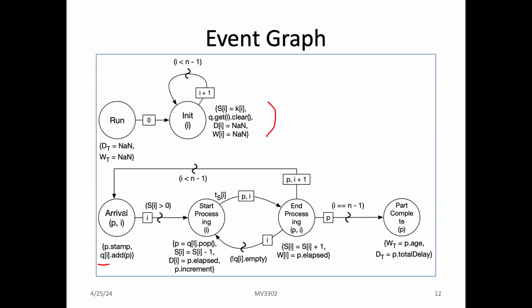Now, we may schedule what I'll call start processing, just because we're machine oriented here. The condition is that there's an available machine at that station. So we need that i there, but we don't need the part. In general, for these types of events, we get the part by popping it off the queue; we don't pass it in.